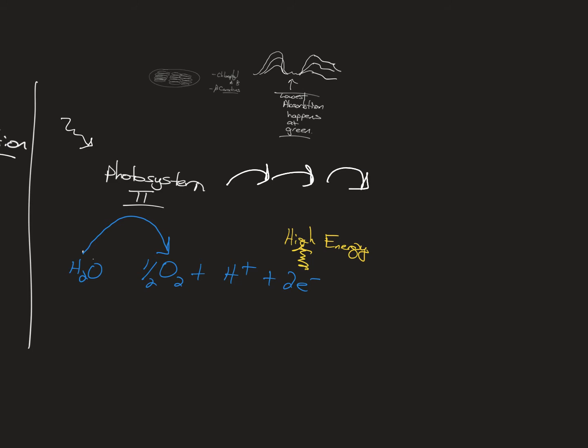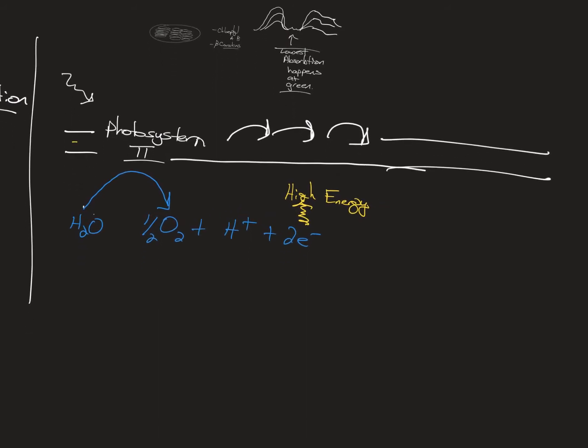This is all happening inside a membrane. One of the reasons I spent so much time on membranes, remembering the membrane is hydrophobic in the center, is that it has these transmembrane proteins that act as hydrogen ion pumps.